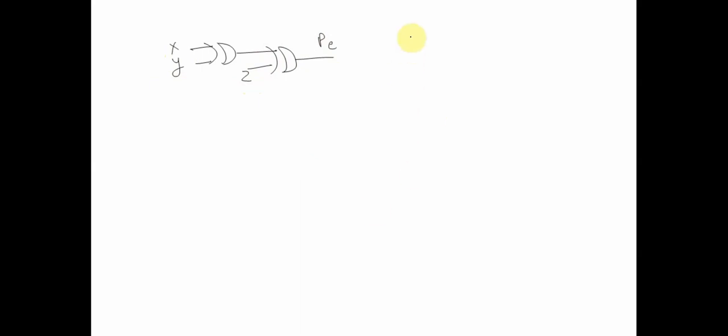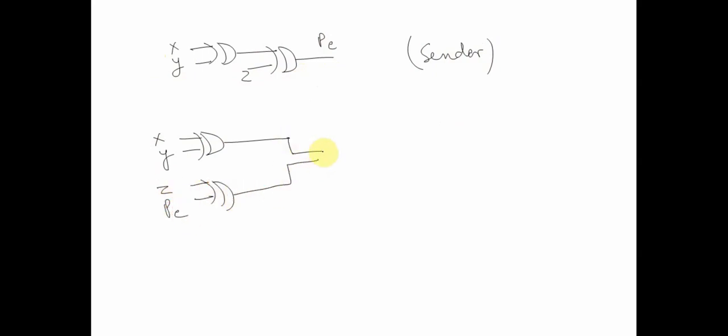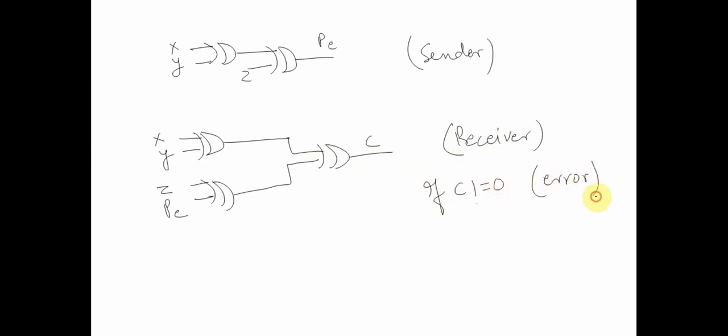This will be on the sender side, where I am sending X, Y, Z along with P, and on the receiver side I would have something like X, Y, Z and P being received. Then this will be an XOR again, the corrector. So this is on the receiver side. If C is not equal to 0, then there is an error in transfer.